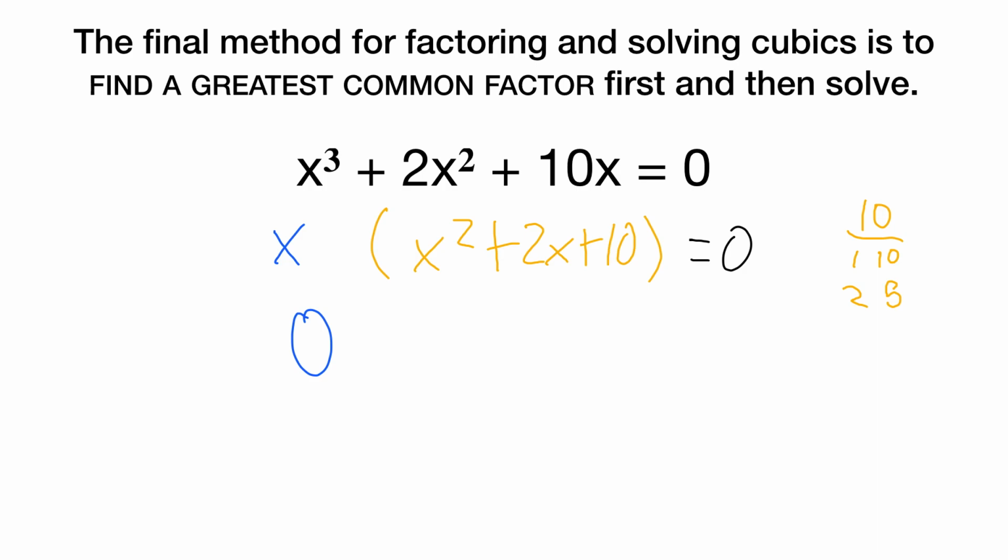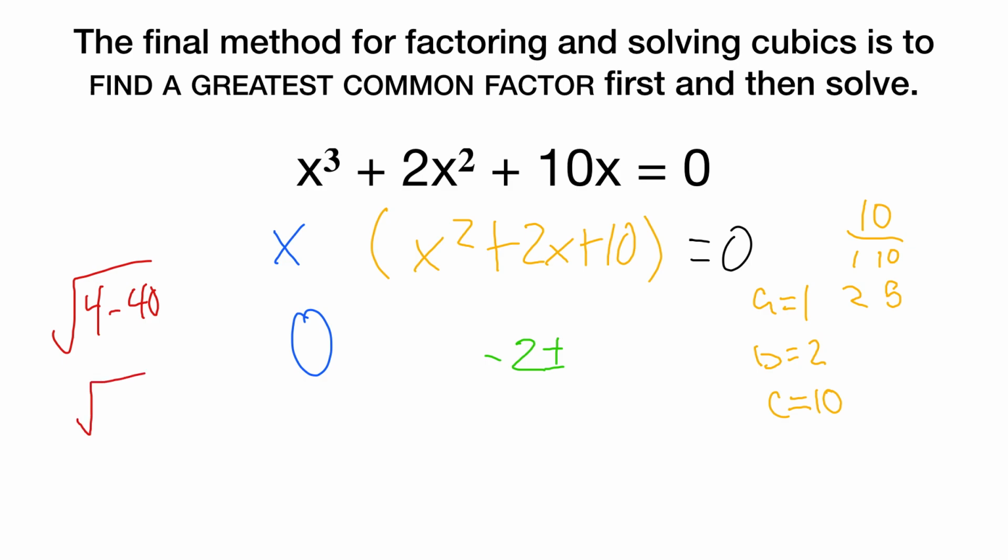quadratic formula. Yay! So, a is 1, b is 2, c is 10. So, let's see. Negative b plus or minus square root of 4 minus, in this case, 40.